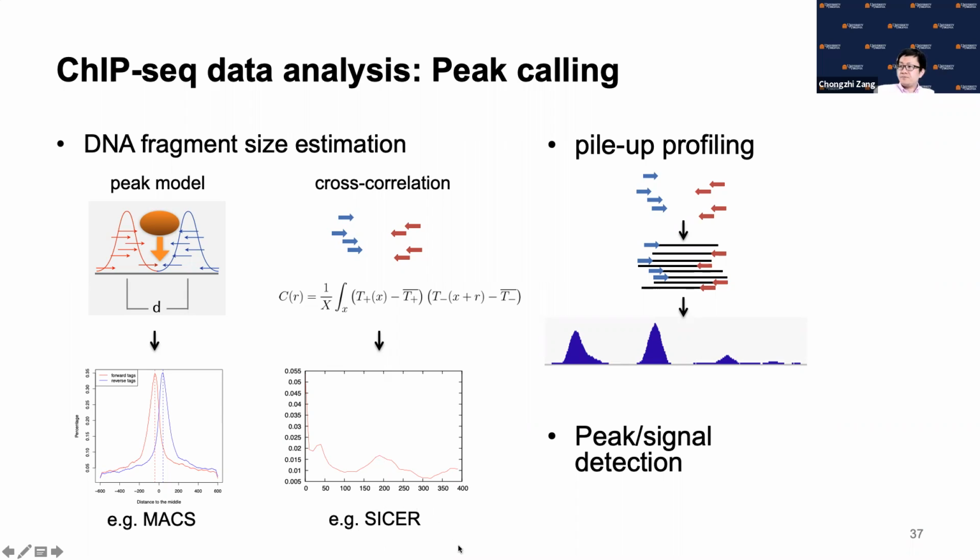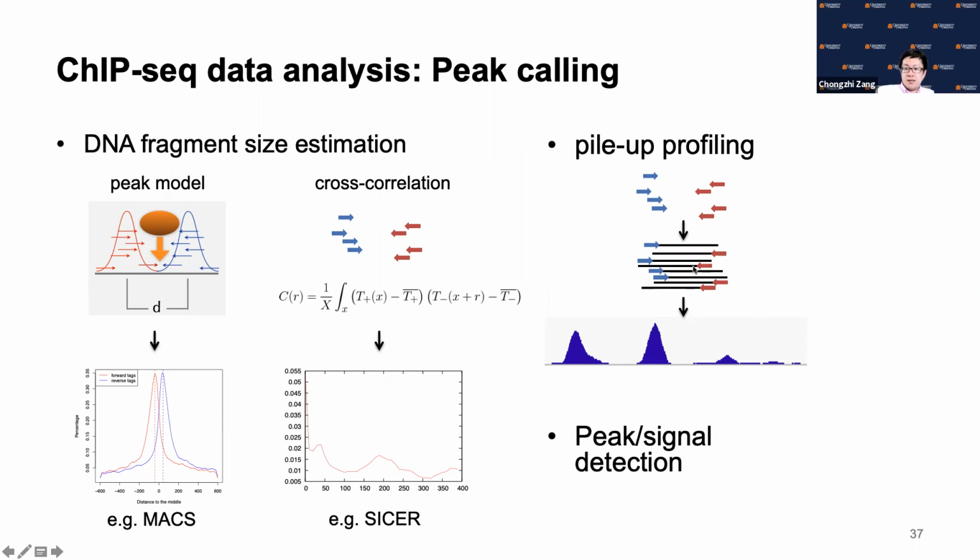And then after we estimate the DNA fragment size, we can just extend the reads to retrieve the whole DNA fragment, and then pile up the whole DNA fragments to form this peak-shaped profile. And by having this peak-shaped profile, we can do the peak detection, peak calling or signal detection.